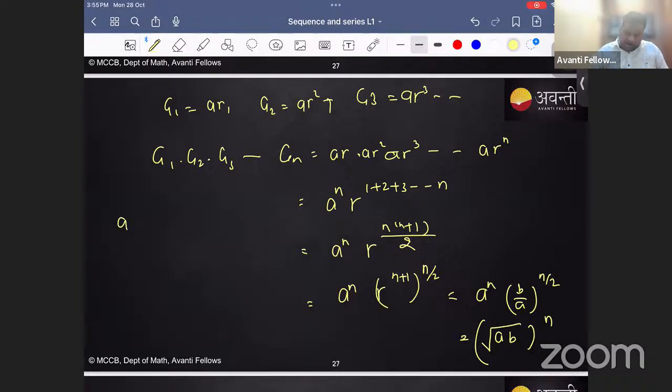Because between A and B, if there is a geometric mean G, then G upon A is B upon G, so G square is AB. So the product of all the geometric means inserted between A and B is equal to the nth power of the single geometric mean between them. Got it?